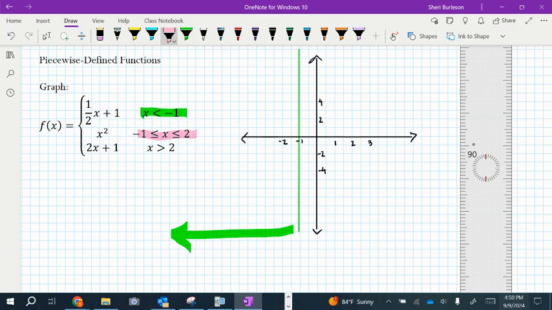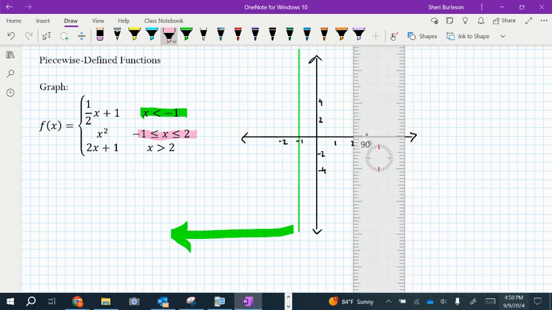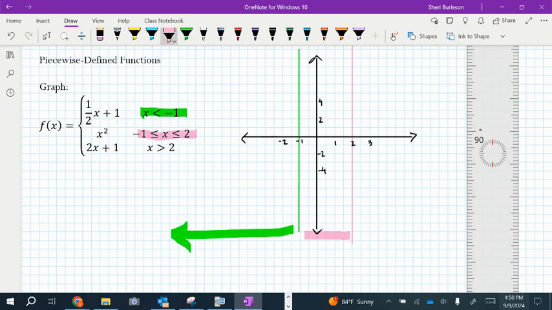This one goes from -1 to +2. So in this interval, I'm just going to graph part of that x squared function. This one is 1/2 x plus 1. So now for this last one, everything beyond 2 is going to be graphed with 2x plus 1.